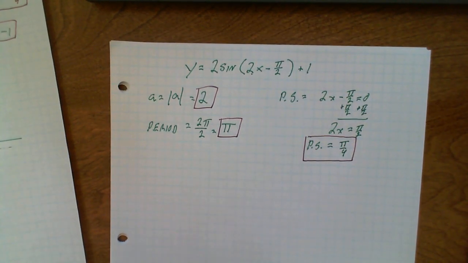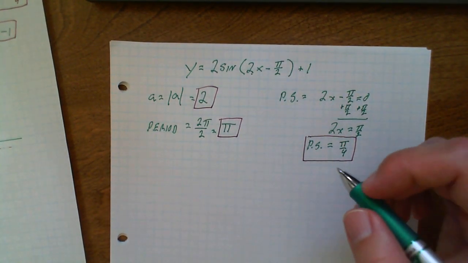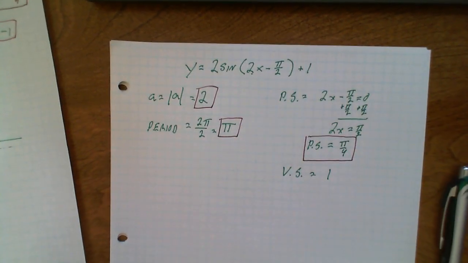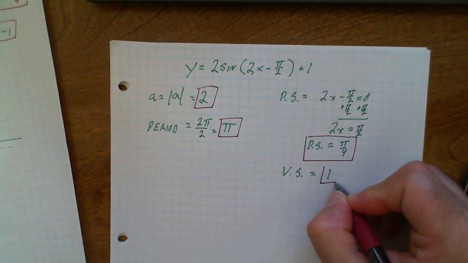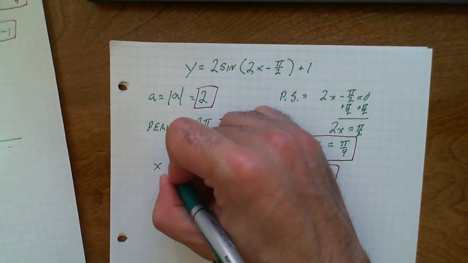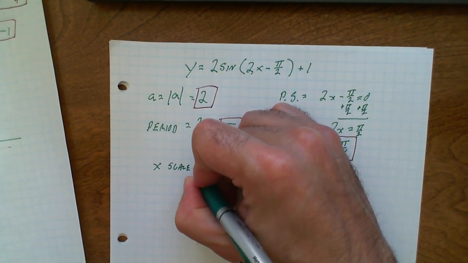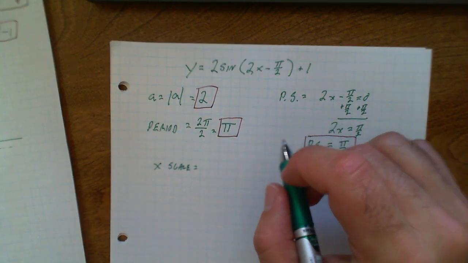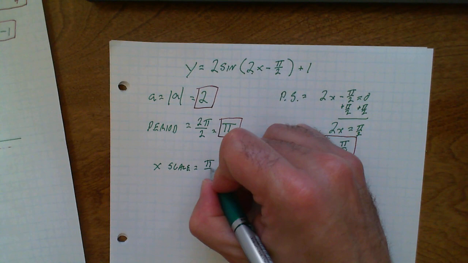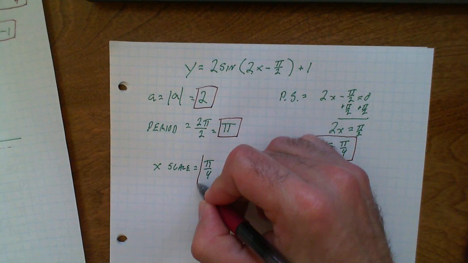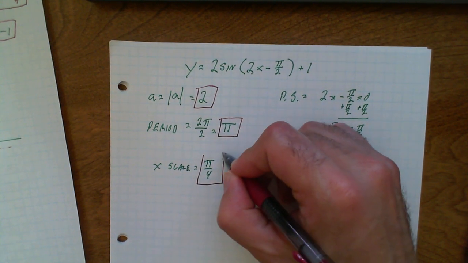My vertical shift is going to be positive 1. And my x scale equals the period divided by 4, which is pi over 4.